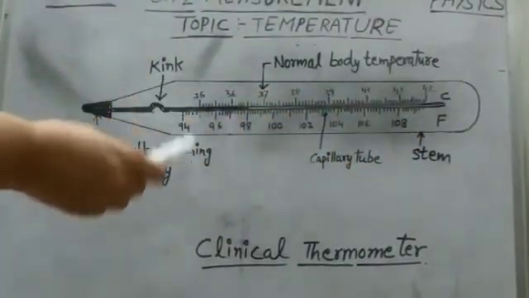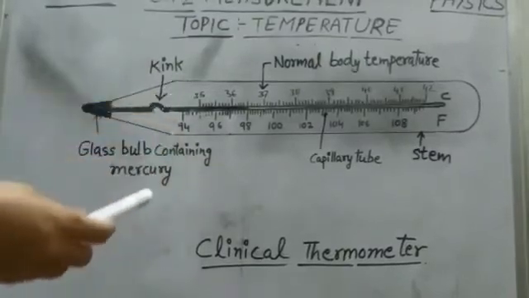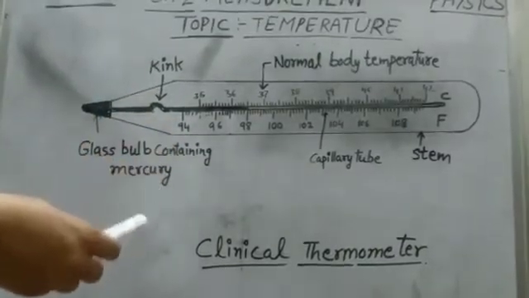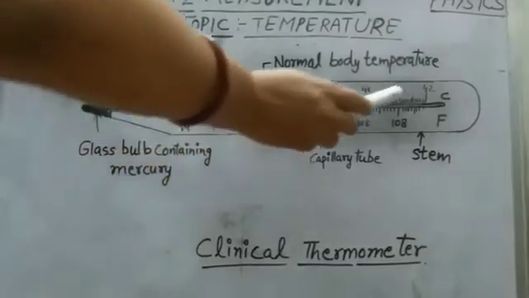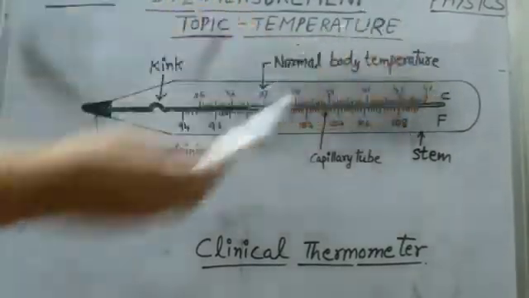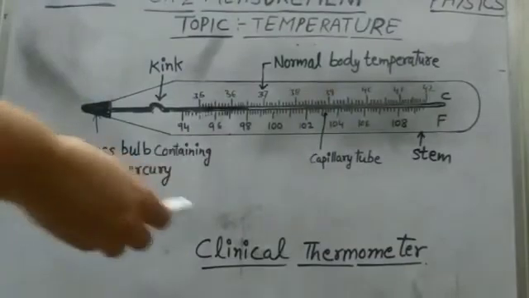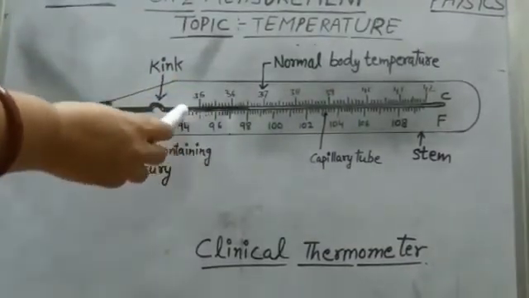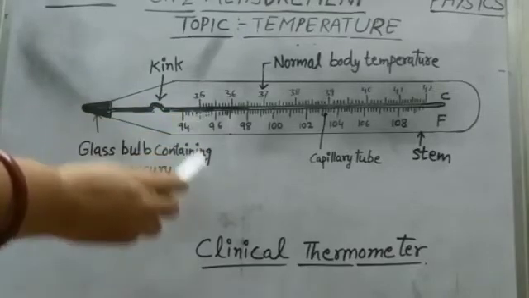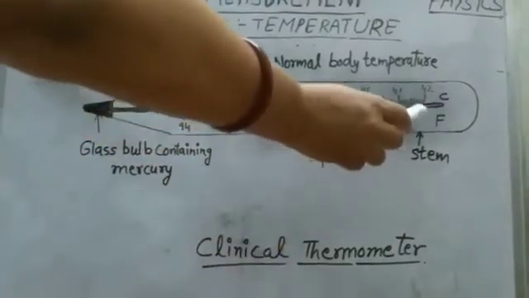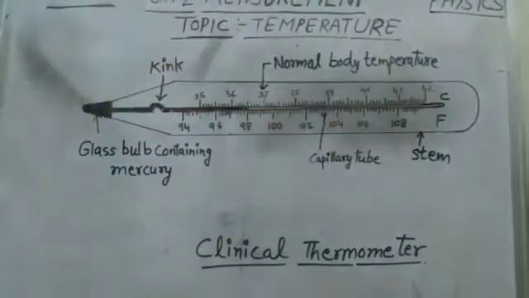A clinical thermometer indicates temperature from a minimum of 35 degrees Celsius to a maximum of 42 degrees Celsius. And in Fahrenheit scale, a minimum of 94 degrees Fahrenheit to a maximum of 108 degrees Fahrenheit.